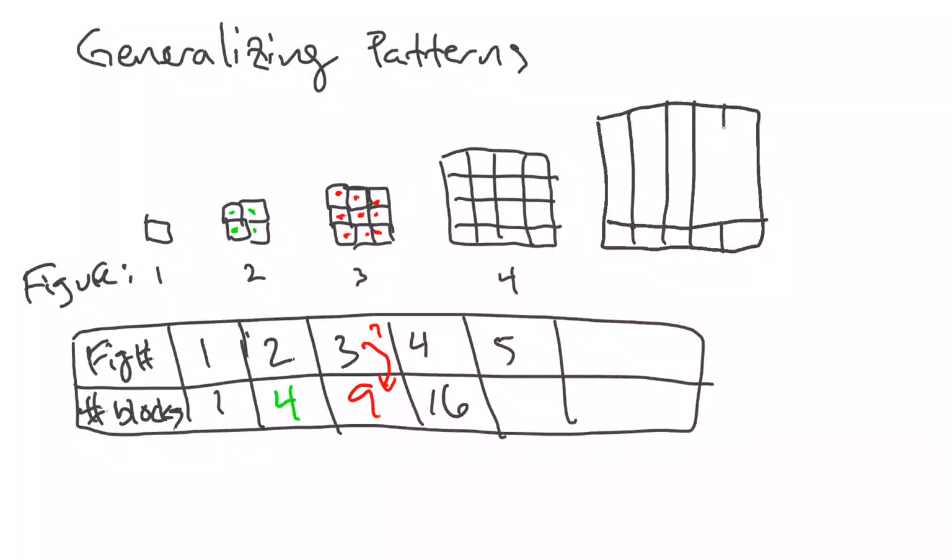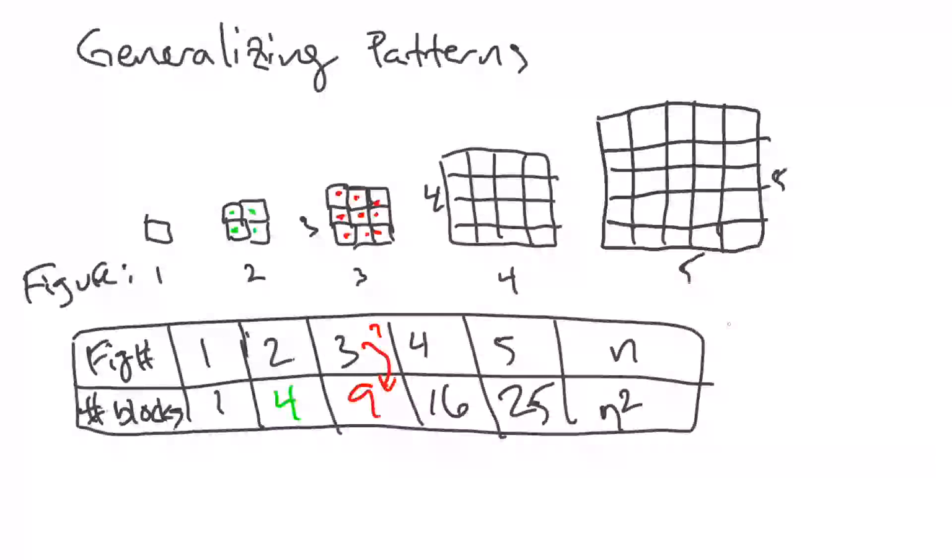So you know that's going to be 25. So it's basically 4 by 4, 3 by 3, a 5 by 5, right? And so you know that you're going to have 25. And so it's just the side squared. And so for a general n, for the figure number, you want to do n squared. Okay, and so that's basically generalizing the pattern.